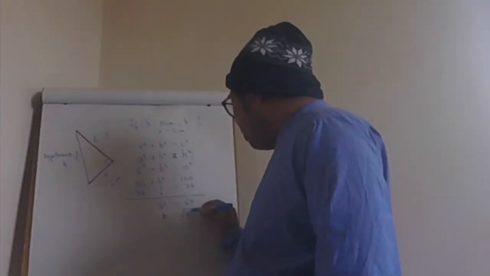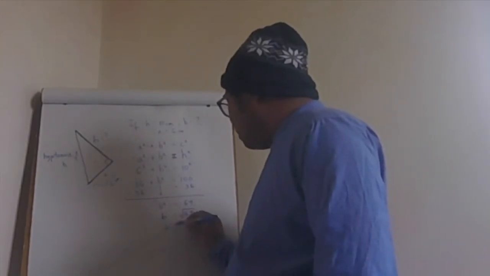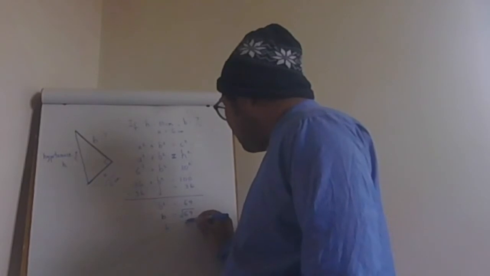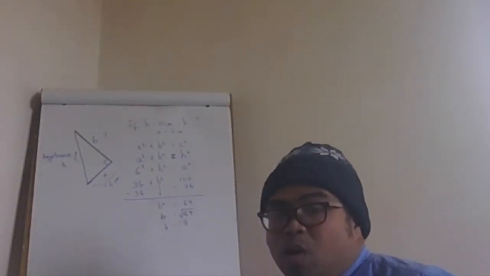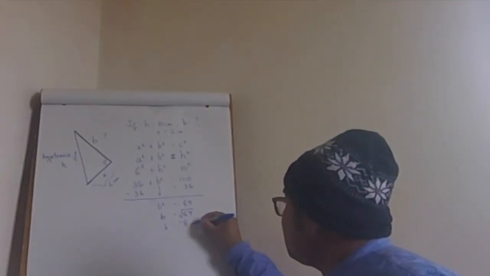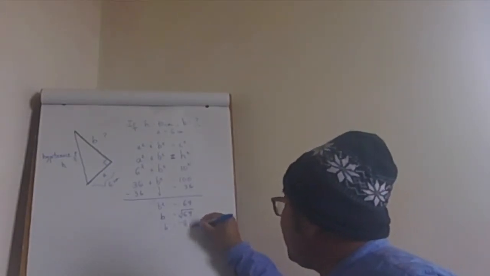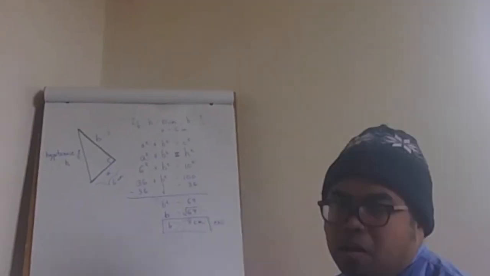What is the square root of 64? The answer is 8. Another thing that's missing: when you do that, you have to write the unit. You have to write 8 centimeters. And that's your answer. Are there any questions with that?